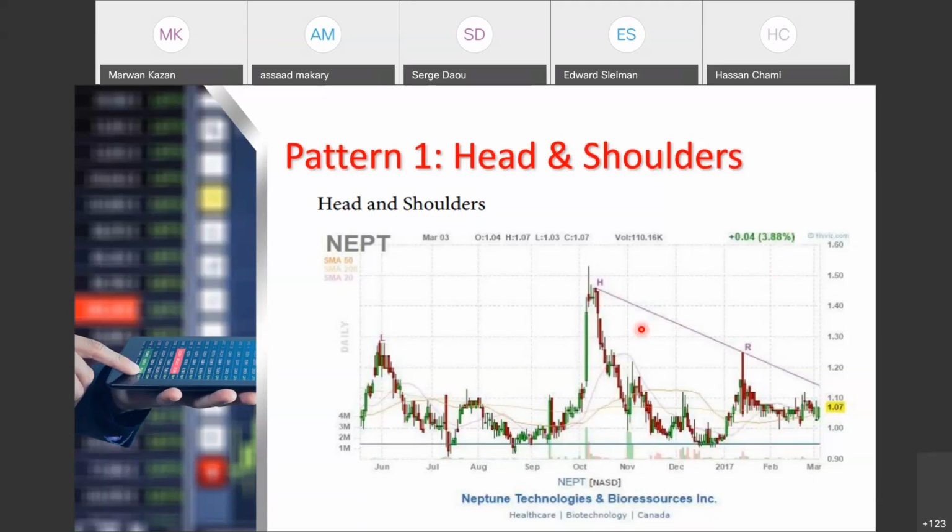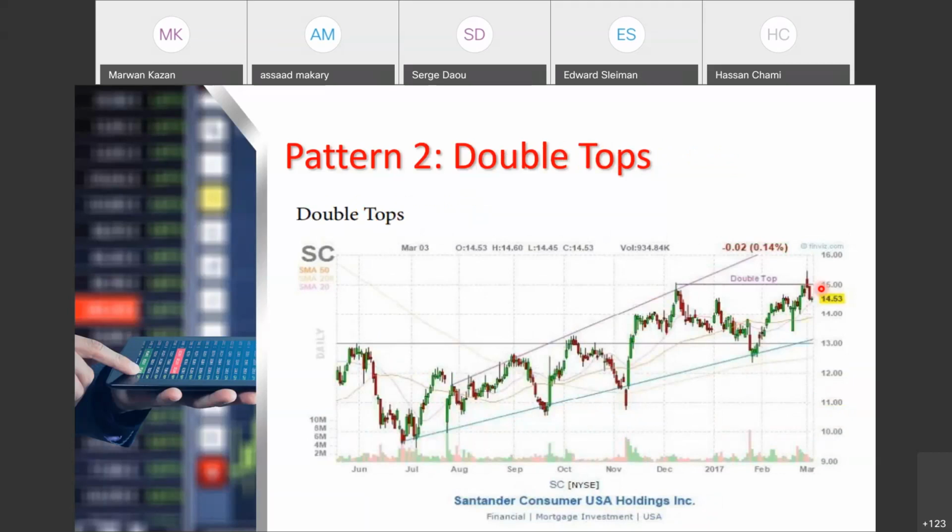Pattern two, the double tops. This is basically a horizontal resistance which is touched once and twice. So now we have a double top. Note that this resistance is at a round number. Double top over here means that this is now confirmed to be a resistance, and the third time it hits it, it's going to bounce down again.